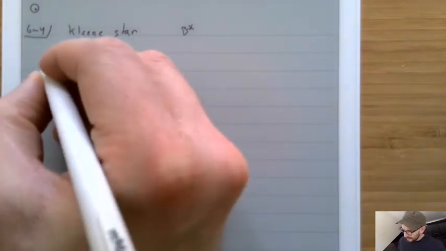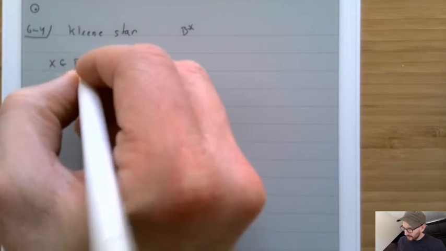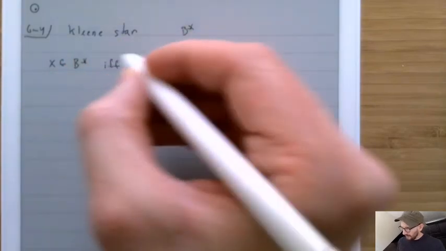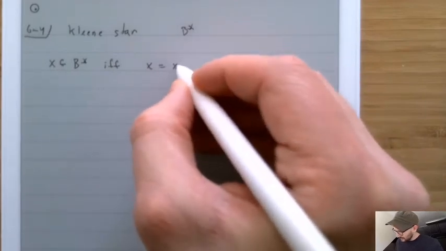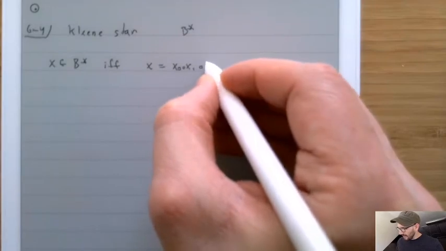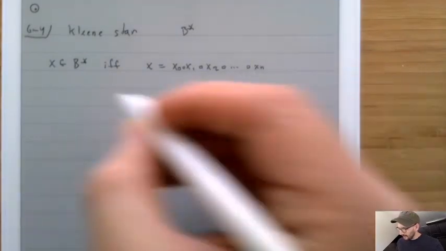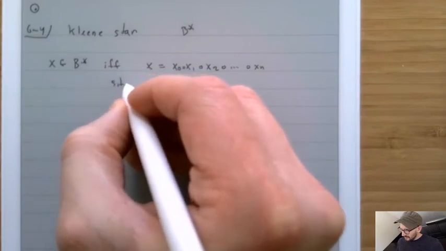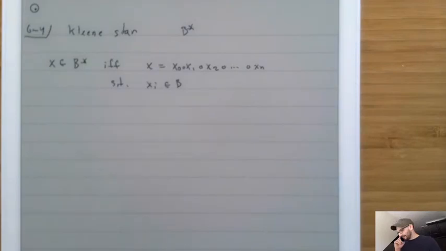So when is something in it? So X is inside of B star if and only if X is equal to X0 concatenated onto X1, concatenated onto X2, ... concatenated onto Xn, such that Xi is inside of B. So here's an example of that.